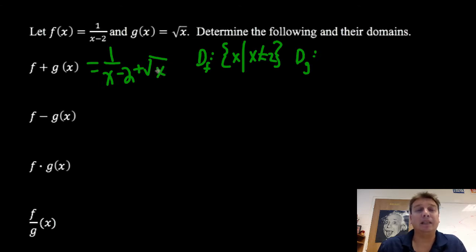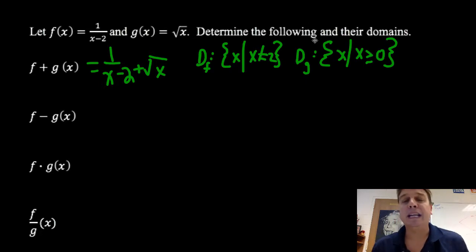The thing underneath the square root symbol cannot be negative. So in this case, it'd be the set of all x such that x is greater than or equal to 0. Can it be equal to 0? The square root of 0, is that allowed? Yes, it is. So it's going to be all of the values when I take the intersection of both of these.